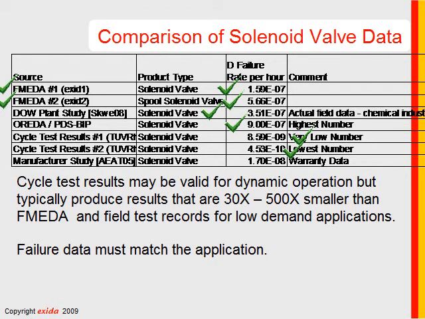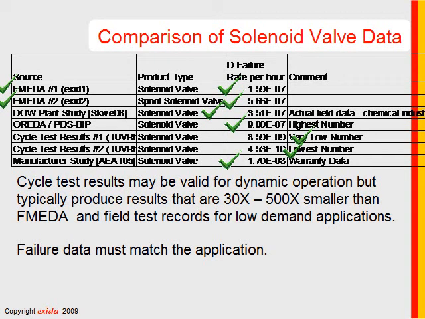Another cycle test result is 4.53 times e to the minus 10. That dangerous failure rate is less than the accepted failure rate of a quarter-watt resistor. I think that one was misscaled, actually. I think they didn't use enough cycles per hour. I have another piece of solenoid valve failure rate data that I got.